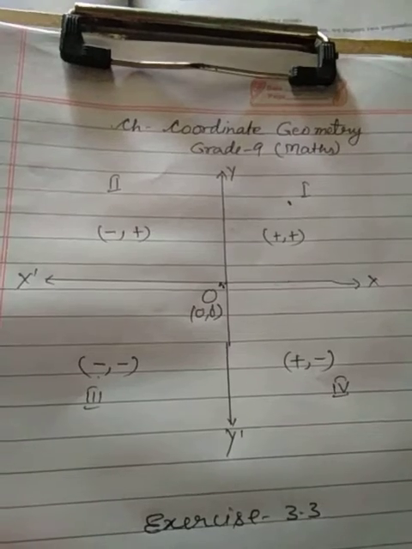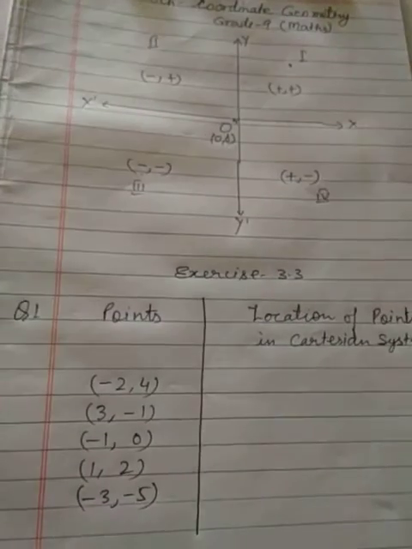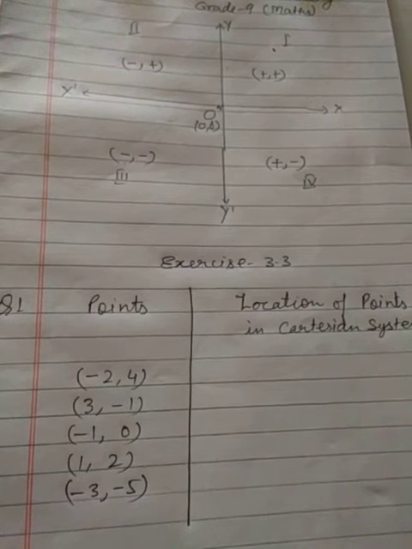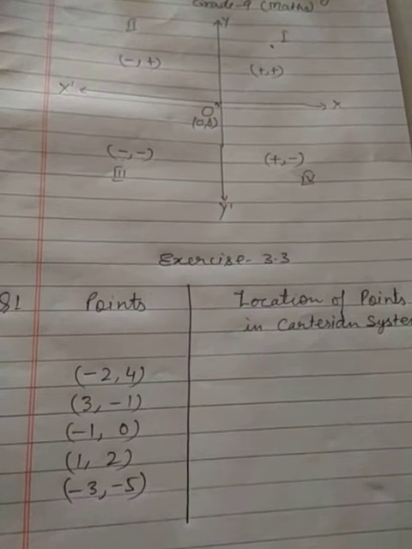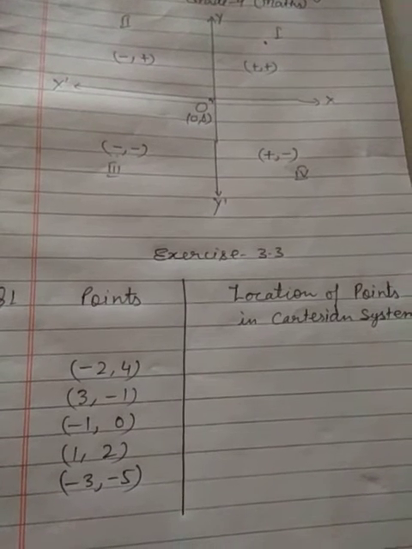So let's do question number 1 of exercise 3.1. See this, these points are given in the NCERT book as an exercise. Locate the points minus 2 comma 4, 3 comma minus 1, minus 1 comma 0, 1 comma 2, minus 3 comma minus 5.